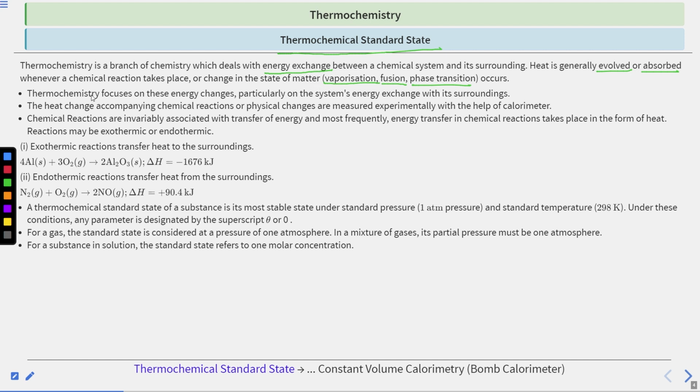Thermochemistry focuses on these energy changes, particularly on the system's energy exchange with its surrounding.